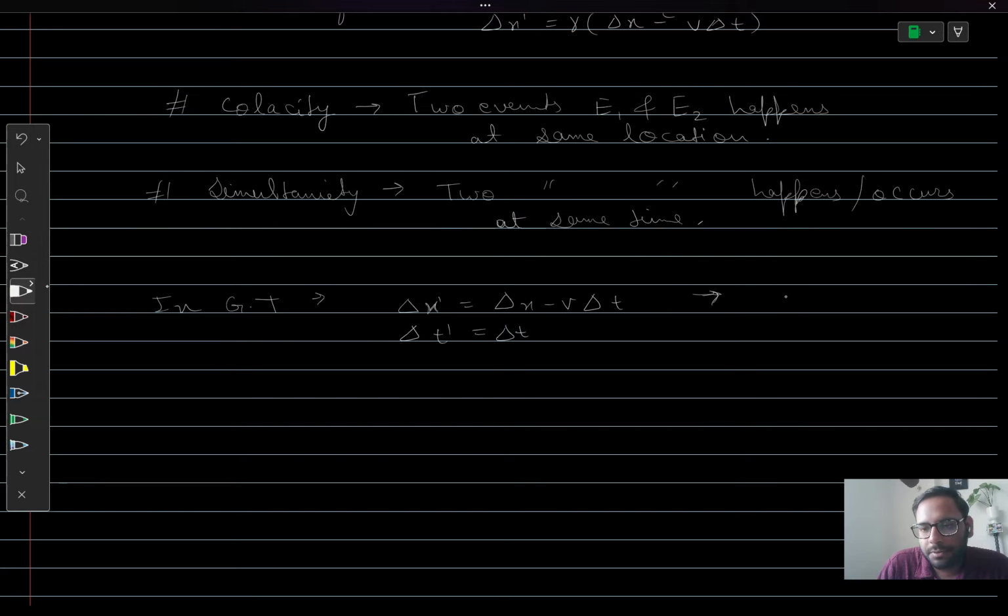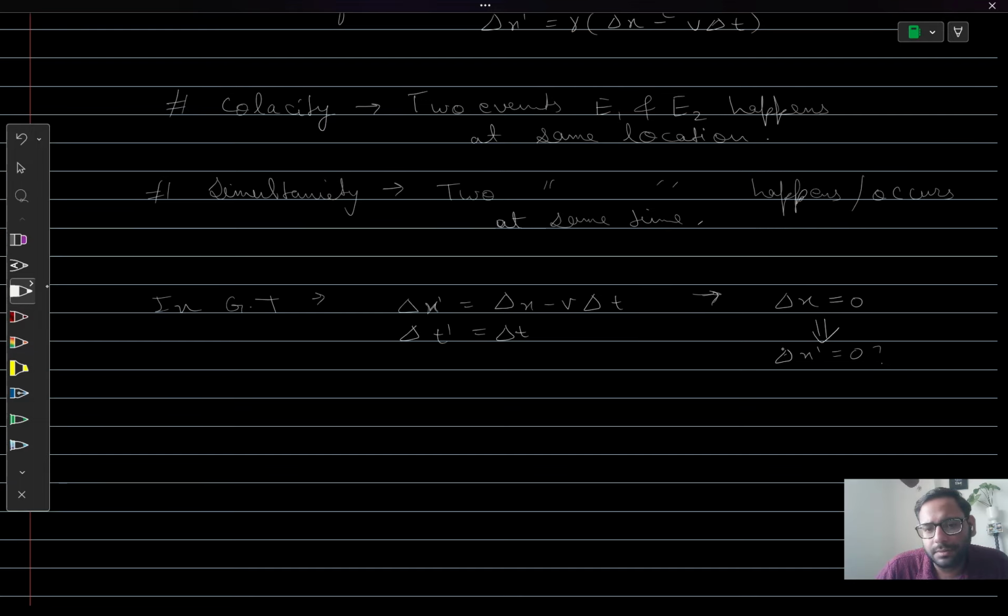And if you put del x equal to 0, what will it imply? Will del x prime be 0 or not, if the two events are co-local, if they happen at the same place?